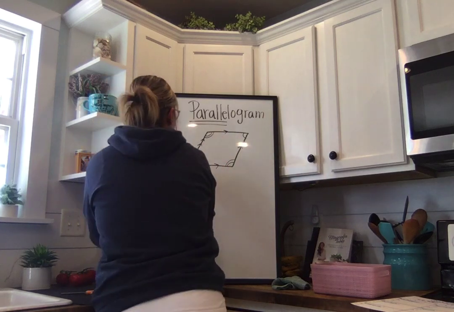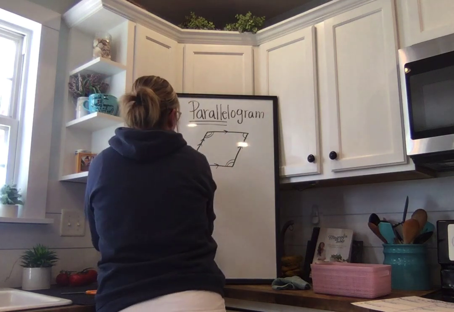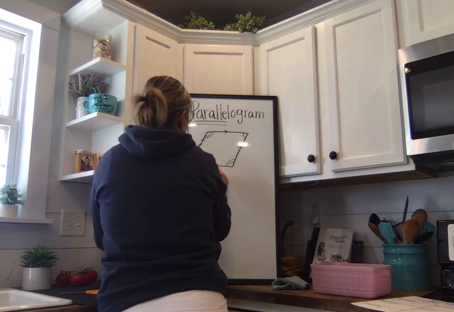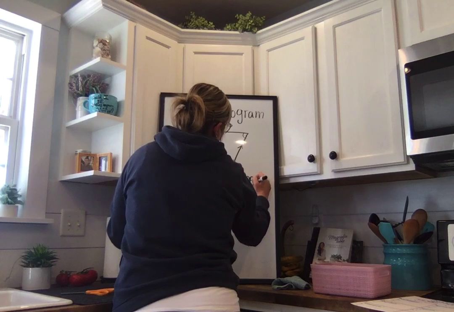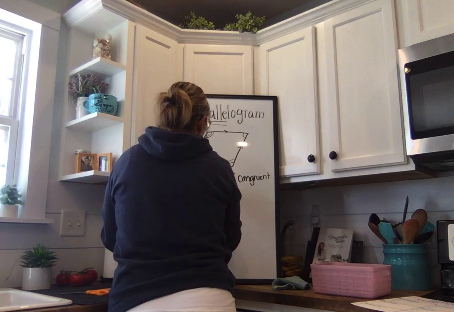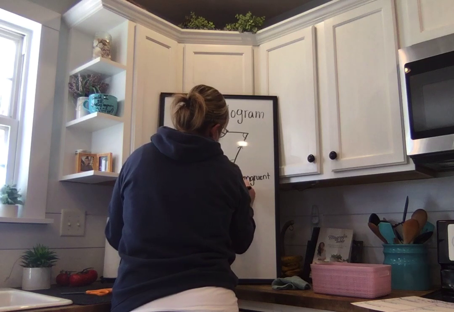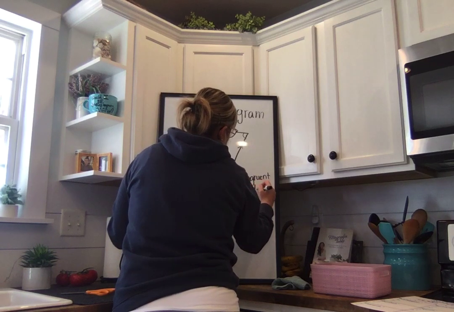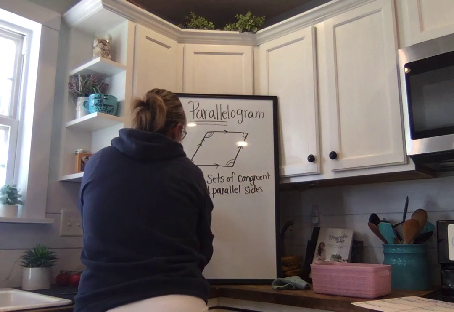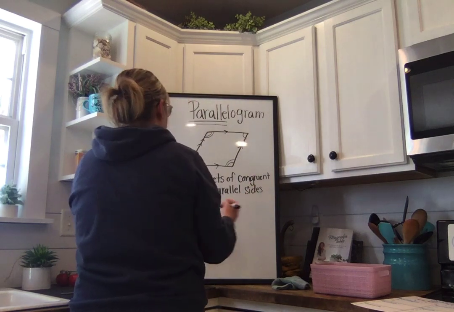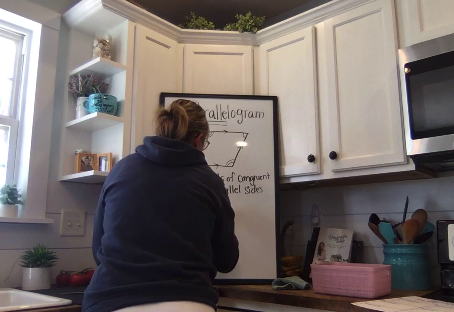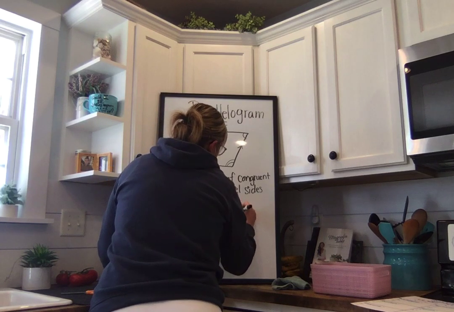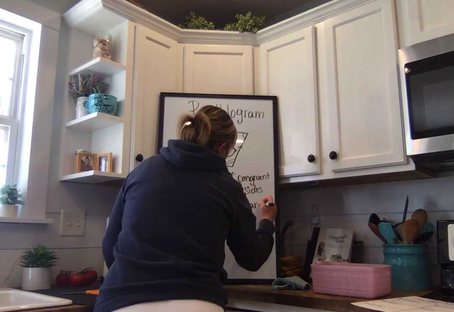So for the S, I want you to put two sets of congruent and parallel sides. And then where it says A, for angles, you have opposite angles are congruent.